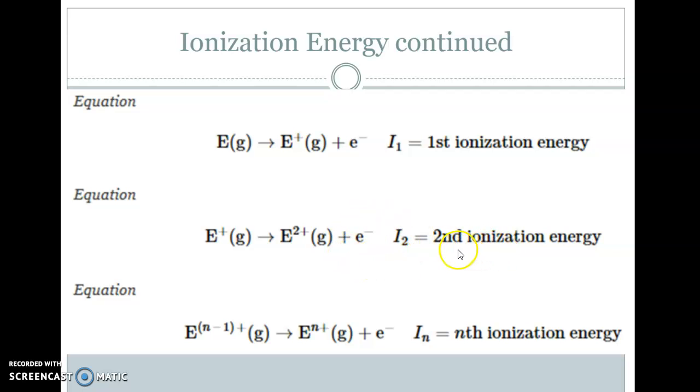So this would represent the second ionization. And the amount of energy necessary to make that happen would be greater than the first ionization. You could keep going. So every time that we show the next ionization, we would start with the product from the previous one, remove an electron, okay? So we could just keep going on that.